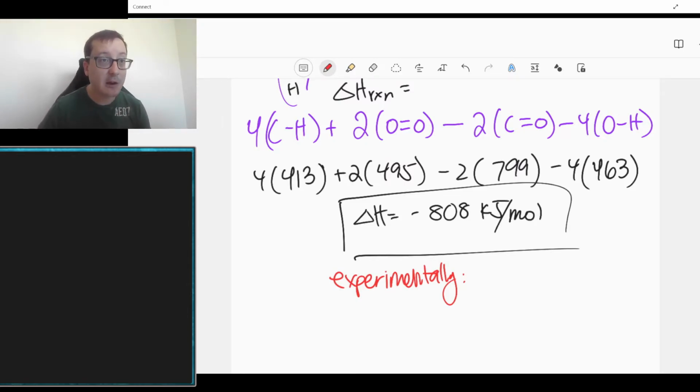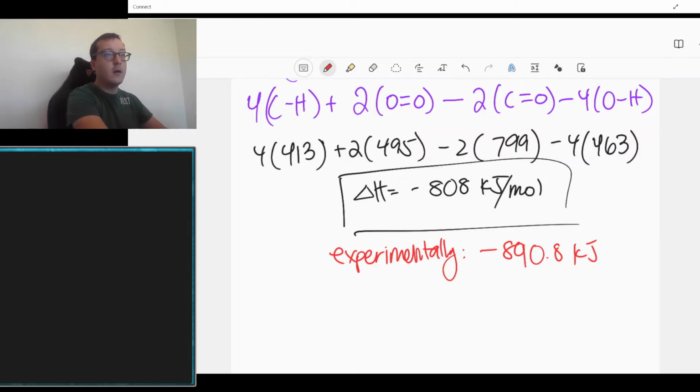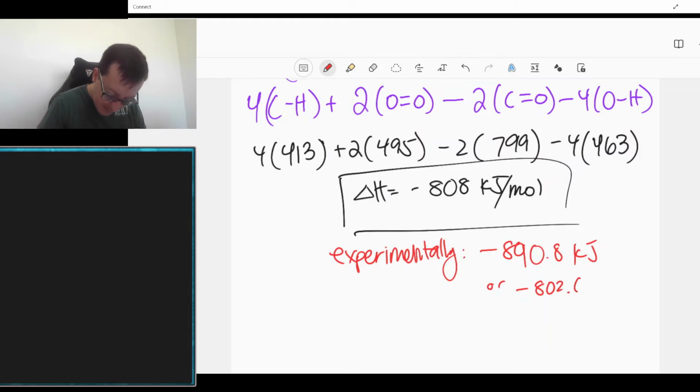If we have liquid water or gaseous water, right? If we have gaseous water, it's negative 802.6 kilojoules per mole.